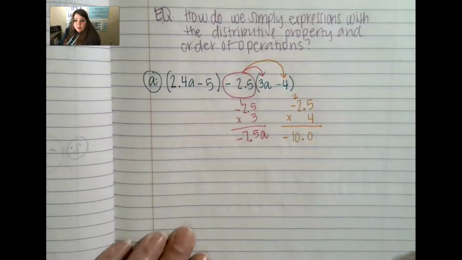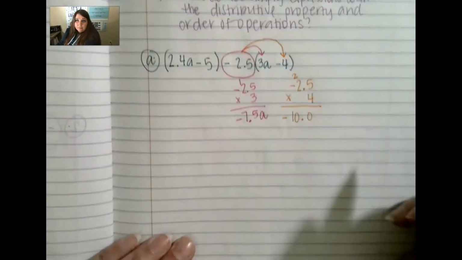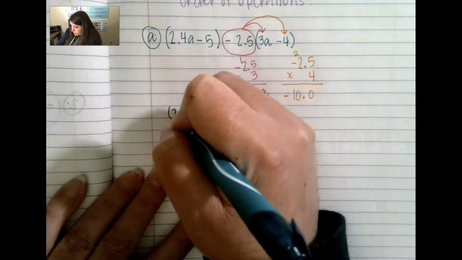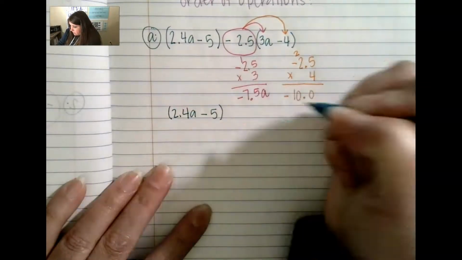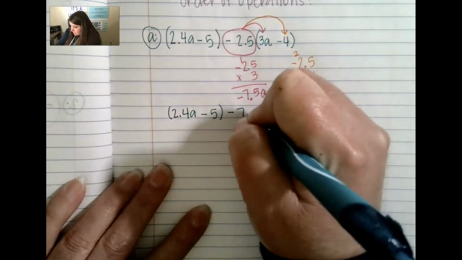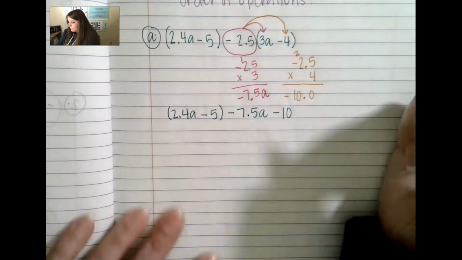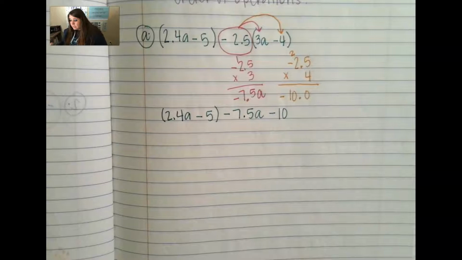So we're going to rewrite the problem so that we can see what's happening here. We have 2.4a minus 5 minus 7.5a minus 10. Okay, we are now ready to solve the rest of this by combining like terms.